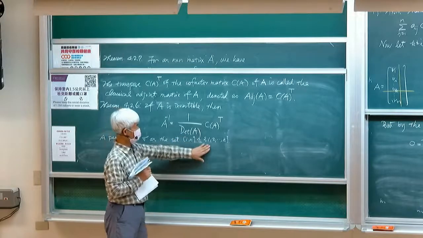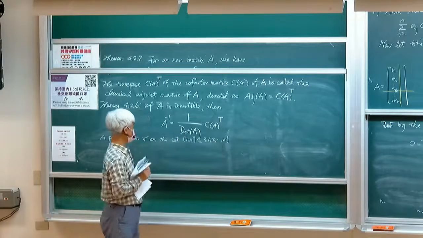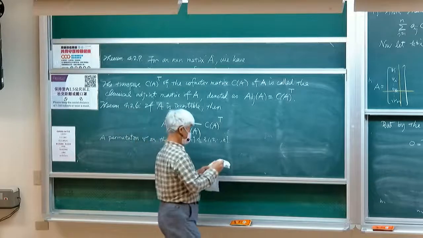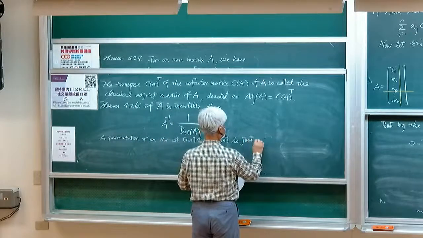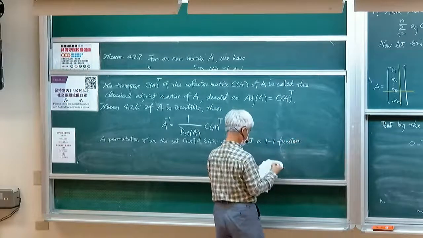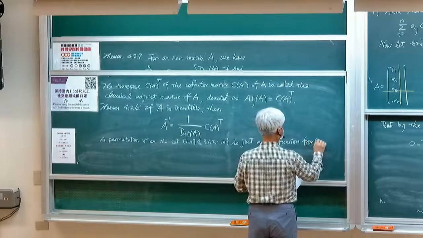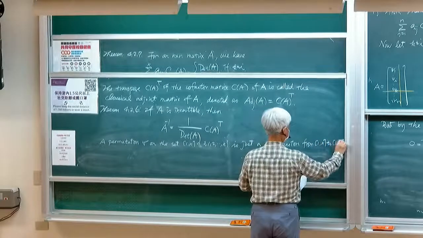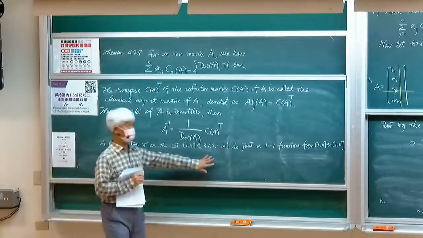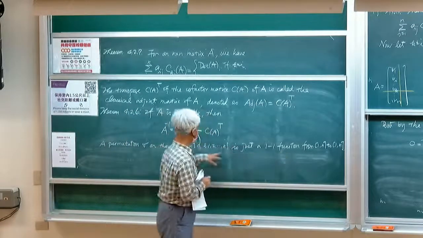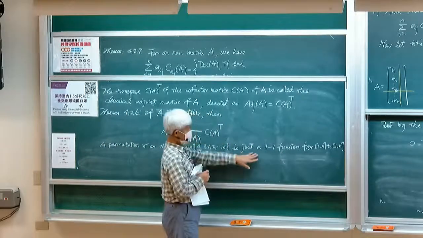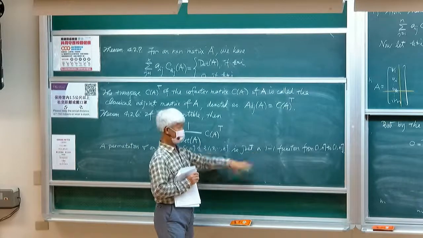Since it's one-to-one on a finite set to itself, it should be a bijection.